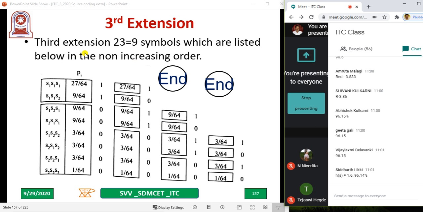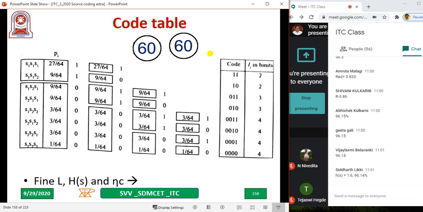I'll show you the next slide. Average length. Now I'll wait for 2 minutes. I'm sure within 2 minutes most of you will type average length, H of S, and also the efficiency. Code words are given to you.